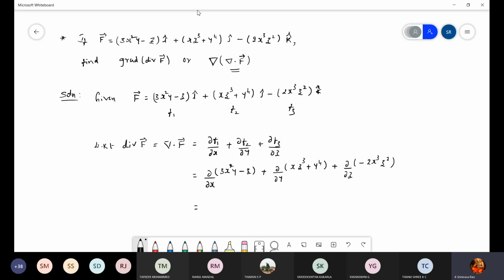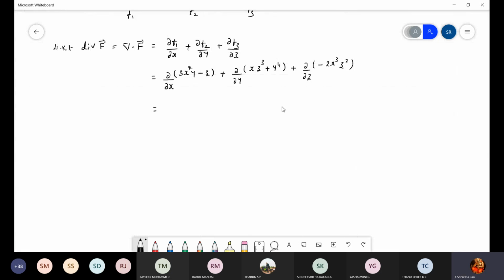Now differentiate. Partially with respect to x, this is x square, so you will get 6xy. Z becomes 0.